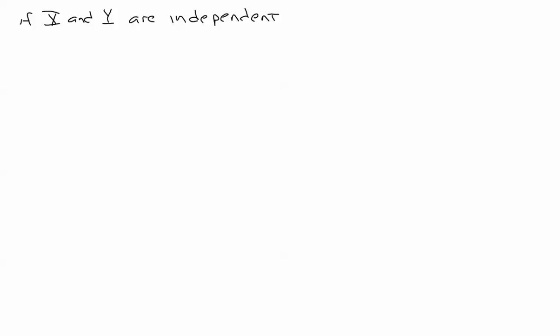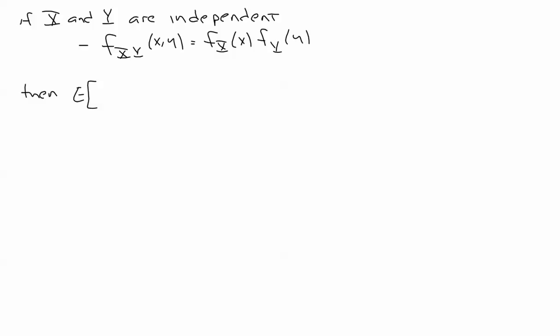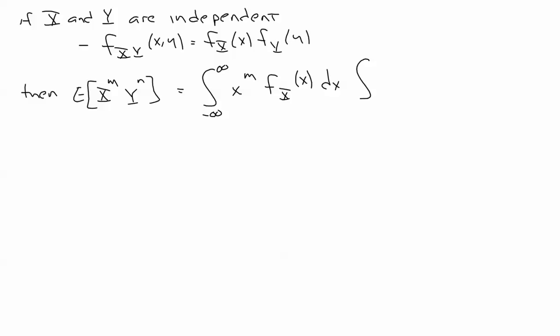If x and y are statistically independent, meaning that the joint probability density function is separable, then the mnth joint moment is the integral from minus infinity to infinity of x raised to the mth power times the marginal probability density function for x, times the integral from minus infinity to infinity of y raised to the nth power times the marginal probability density function for y.